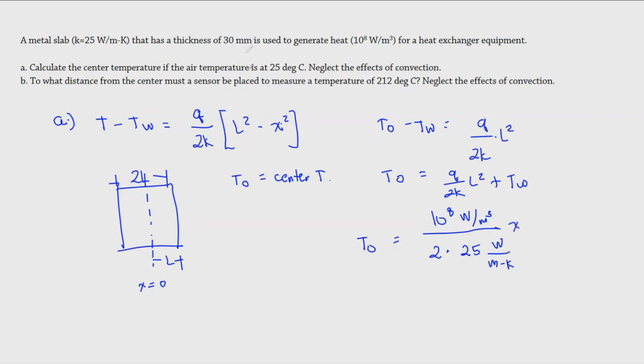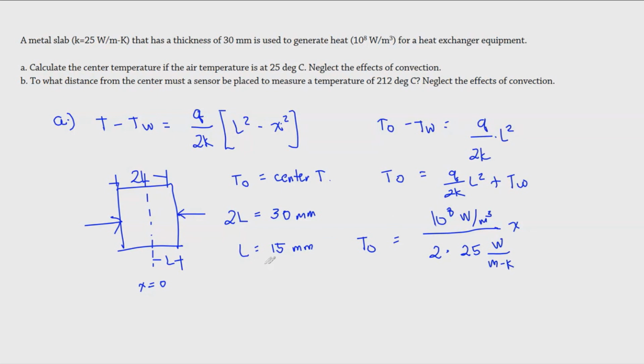The thickness is 30 mm. That simply means that 2L is equal to 30 mm. Remember, the thickness we consider for a slab is the distance from edge to edge of the slab, so this one is the 30 mm. To find L, all we need to do is divide this by 2, so we have 15 mm, 15 mm to the right side and 15 mm to the left side.